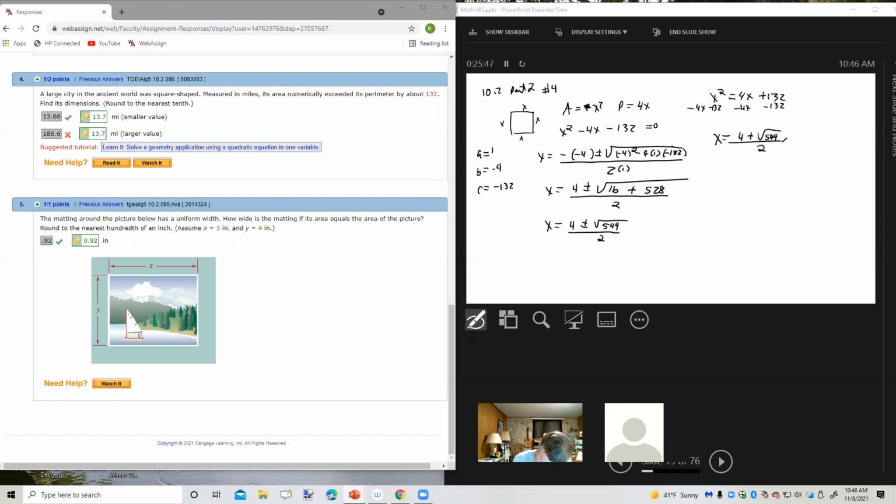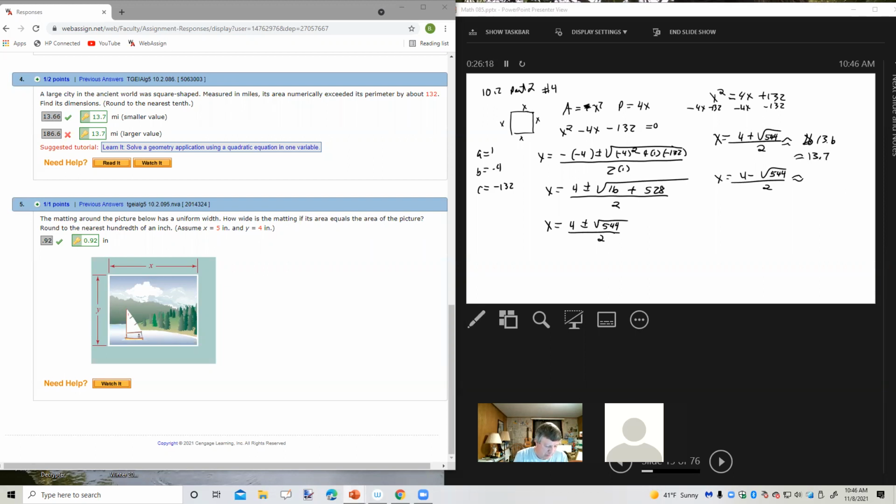So we get that possibility as well as that possibility. Going to the calculator again, parentheses, 4 plus the square root of 544, close up the radical, close up the entire numerator, divided by 2, 13.66. So that's going to be 13.7.